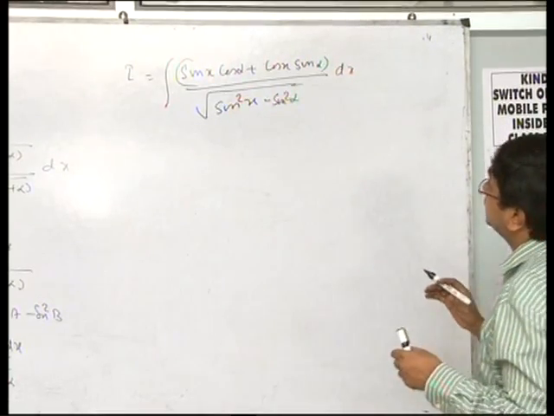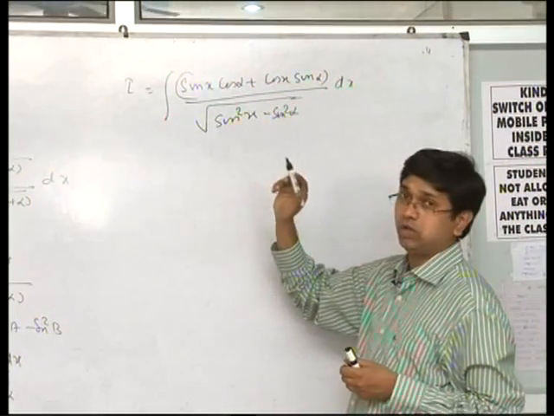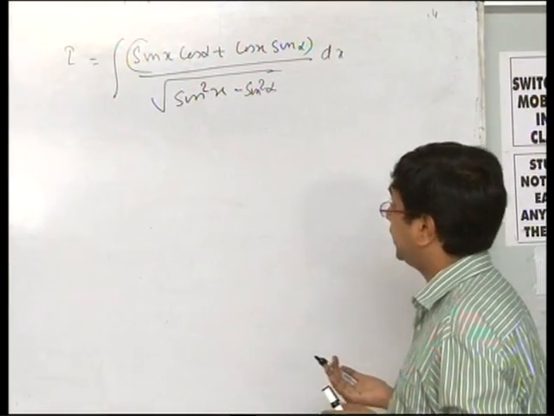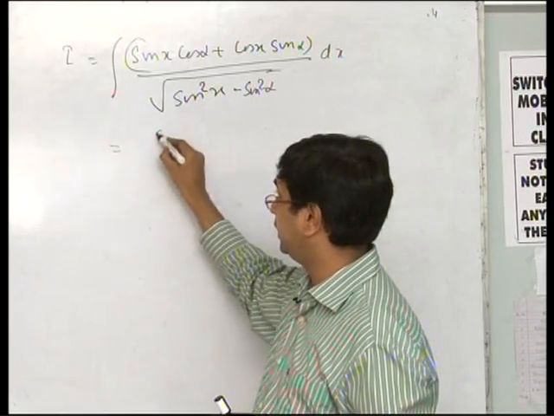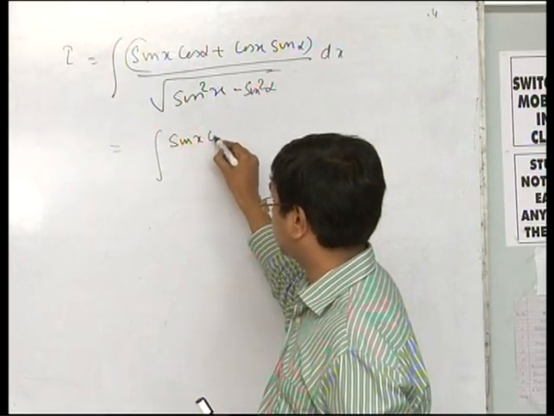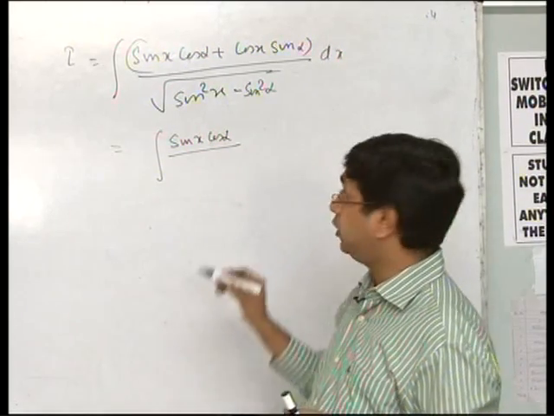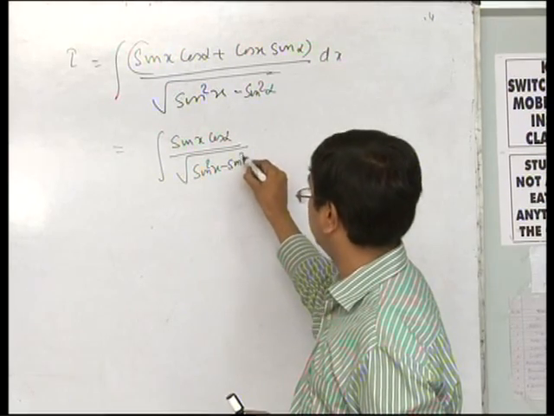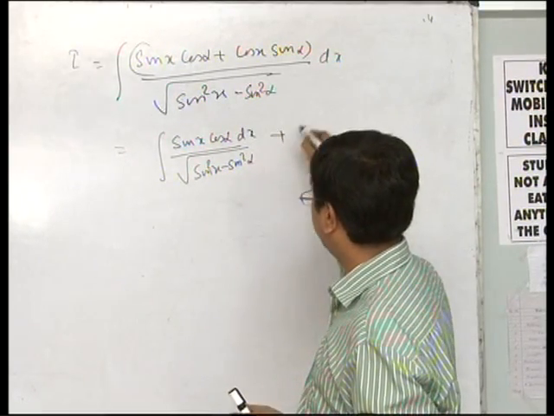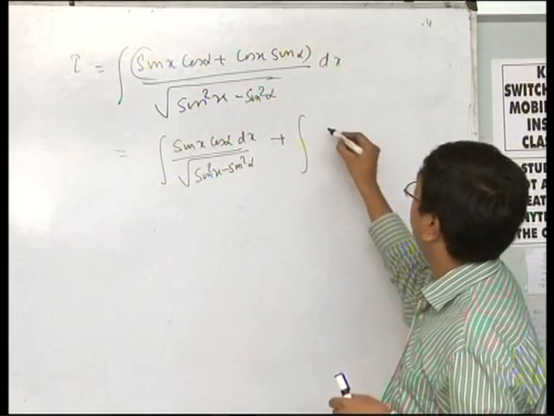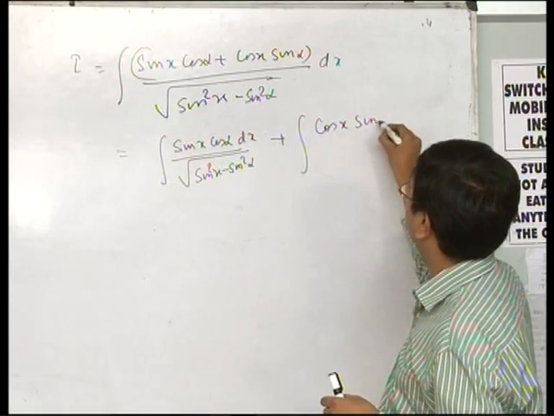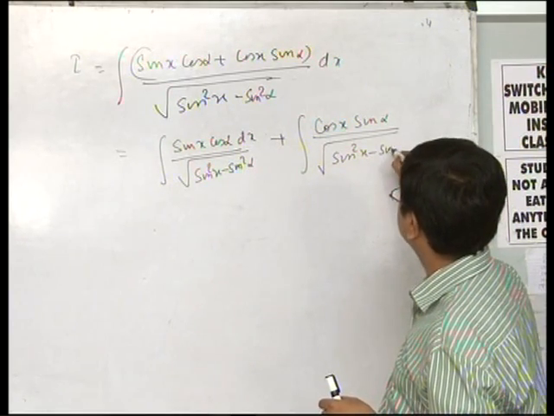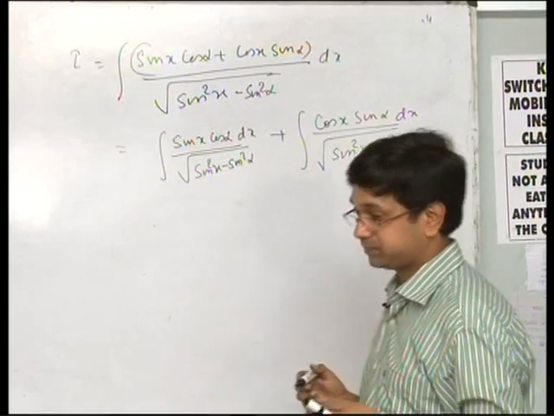Now you can see that everything is in terms of sin and cos, so this suggests the substitution can work, because had it been a different complicated power... once you have a linear power in the numerator, you can break it as sin x cos alpha upon root of sin square x minus sin square alpha dx, plus, for the second part, cos x sin alpha upon root of sin square x minus sin square alpha dx.